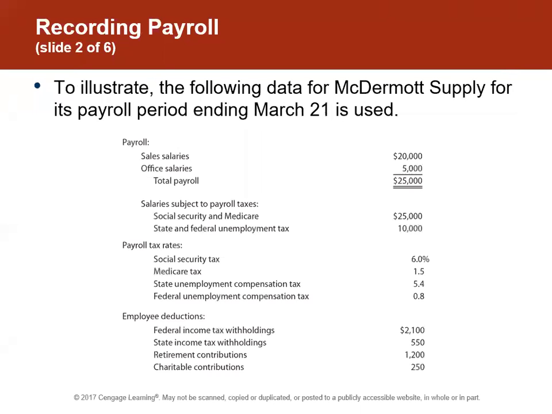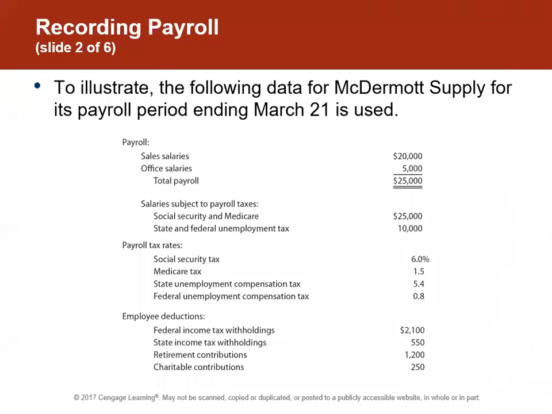So here's the following data for McDermott Supply for the payroll period ending March 21st. We have two types of payroll: sales salaries of $20,000 and office salaries of $5,000. So total payroll is $25,000. That's wages, like gross pay.